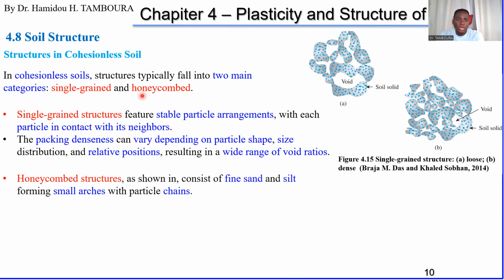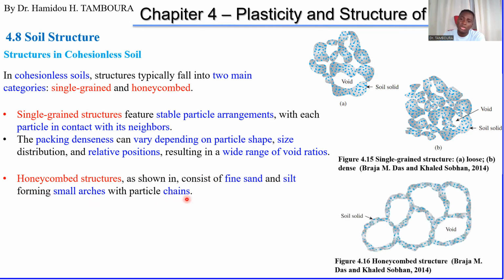And the second one, the honeycombed structure, consists of fine sand and silt forming small arcs with particle chains. It's something like this. And we have voids here, and soil solids.